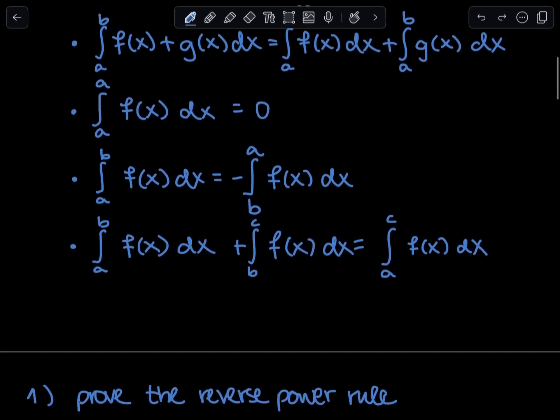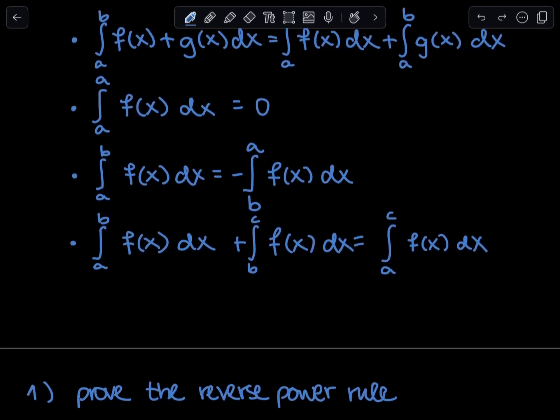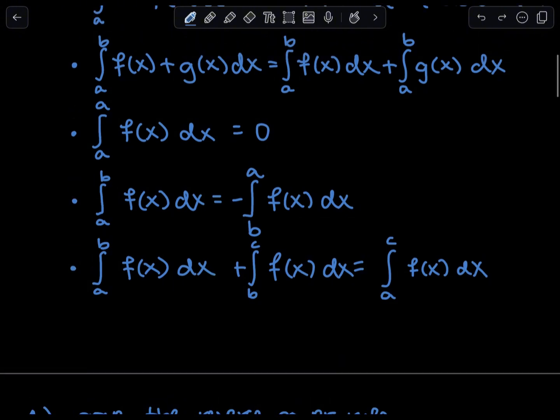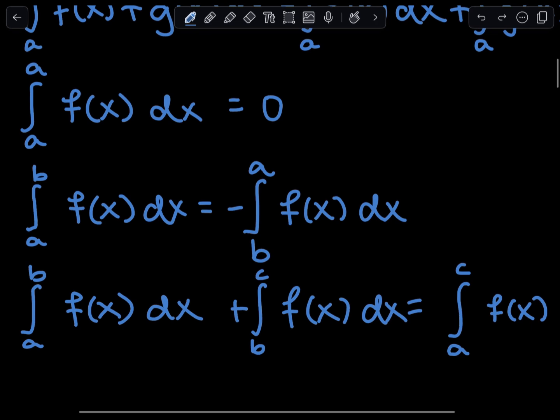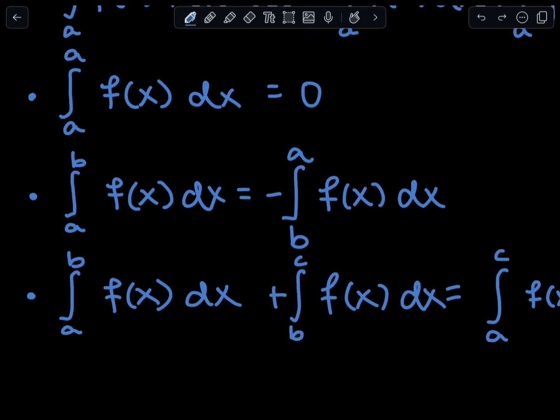Okay, next rule, if we have the integral from a to b of a function, then we can say that that's equal to the negative integral of that function with the boundaries flipped. So here we have from a to b. We can switch them around and say integral from b to a if we add a minus sign. Okay.